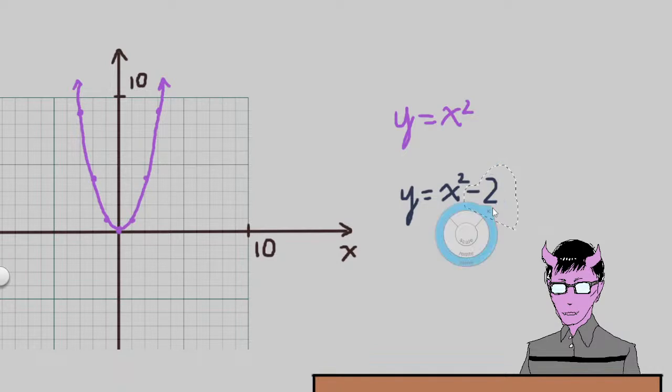the subtraction of 2 just means you are essentially reducing all your y values by 2. So let me clarify that. If you plug in a 2, for example, and you square that, that's a 4.